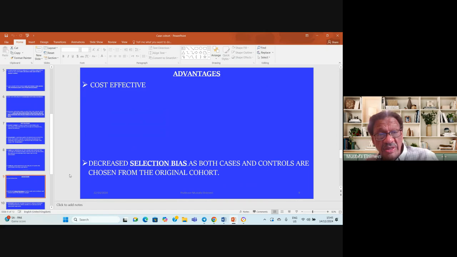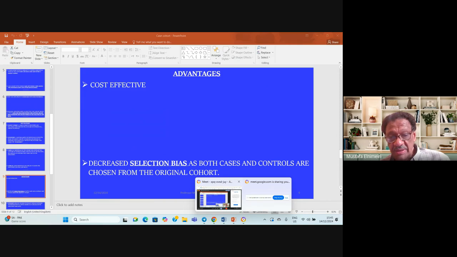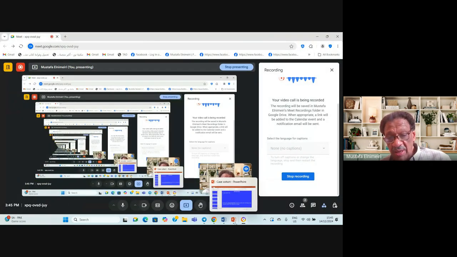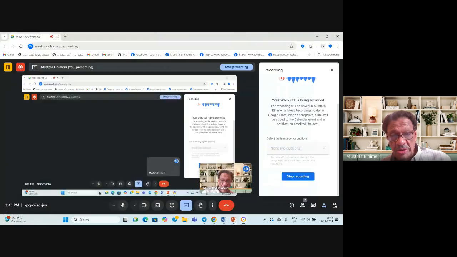The advantage is that it's cost effective, and when you use this design, we decrease the selection bias, as both cases and controls are selected from the original cohort. Thus, selection bias can be eliminated in such situations.